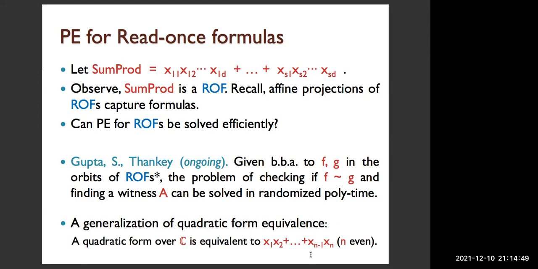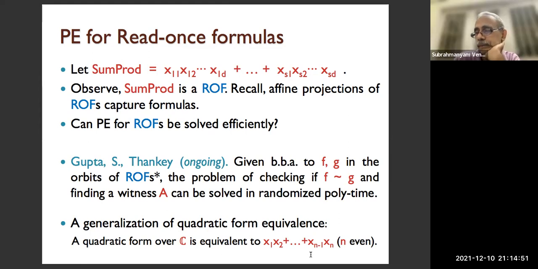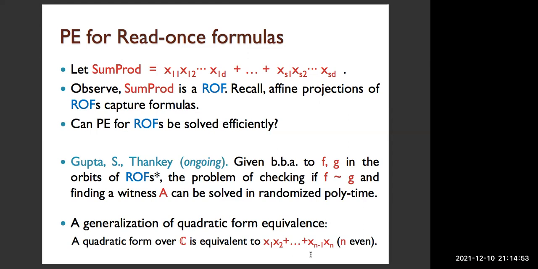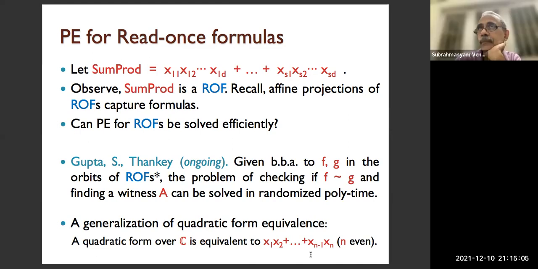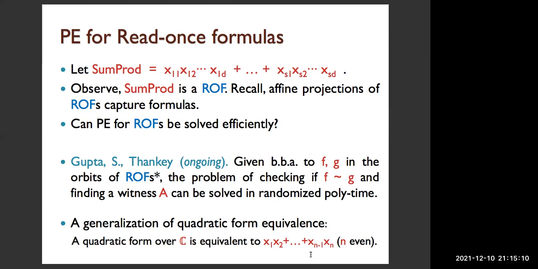I think there's a result which shows that if you increase to read twice, then even isomorphism, which is a special case of equivalence where you want to check whether there exists a permutation of the variables that takes one formula to the other, is GI-hard. I might be mistaken, but I vaguely recall that the result shows hardness of this problem.